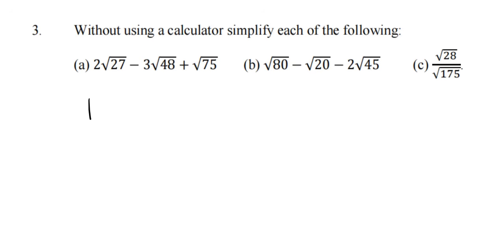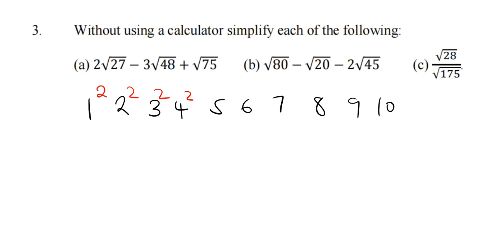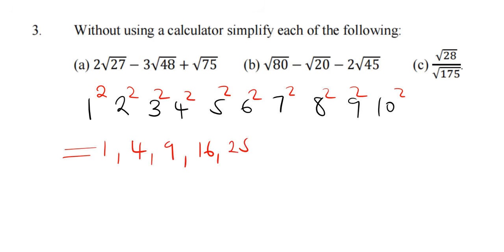Perfect squares are, if I get 1, 2, 3, 4, 5, 6, 7, 8, 9, 10, when I square all these numbers, the answers that I'm going to get are what we're calling perfect squares. So those are our targets. 1 squared is 1, 2 squared is 4, here we have 9, 16, 25, 36, 49, 64, 81, 100.